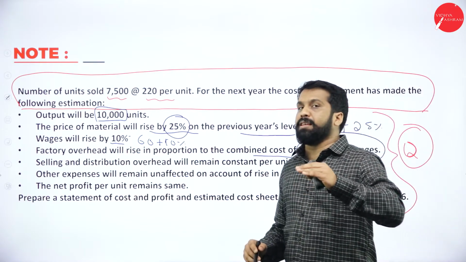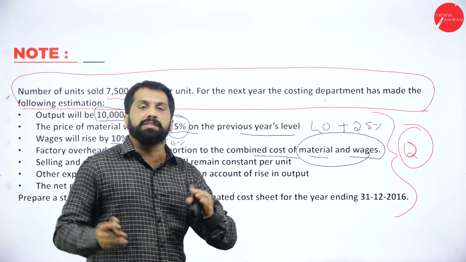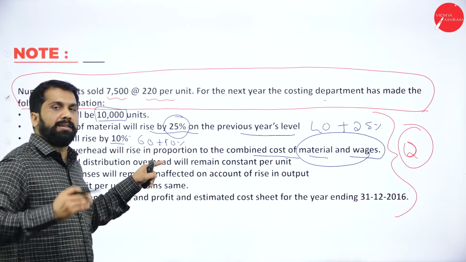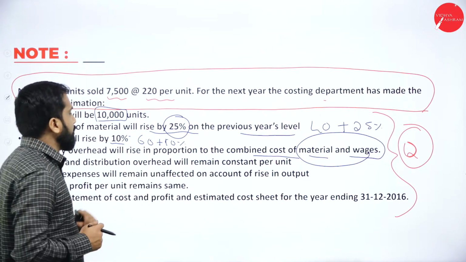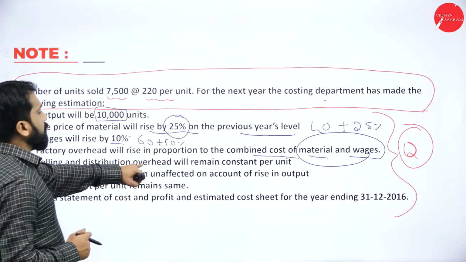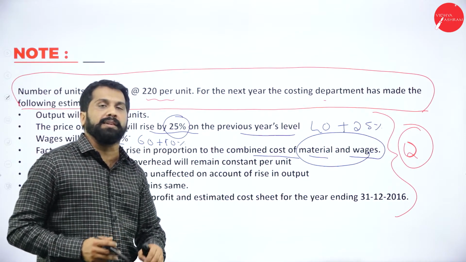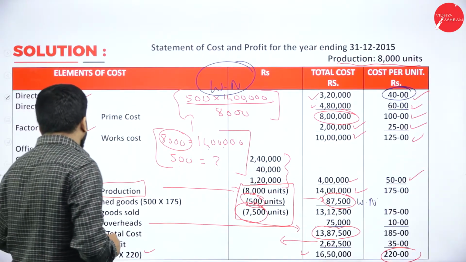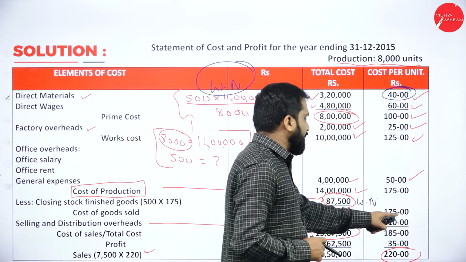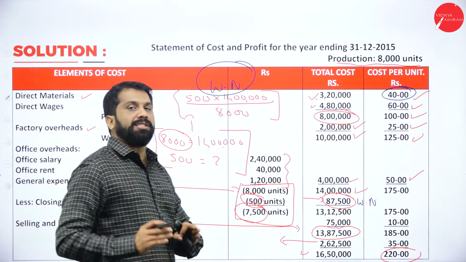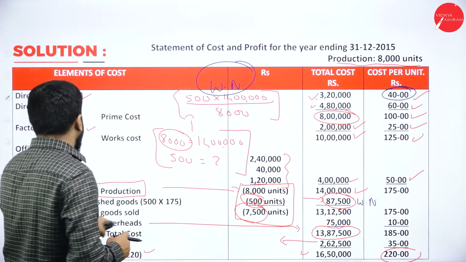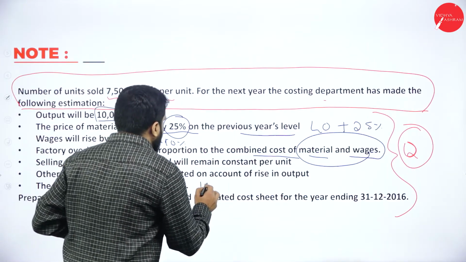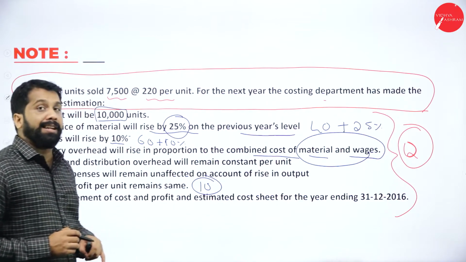How much material increased, how much wages increased, together will calculate for factory. We'll do calculation at the time of problem. I'll explain you. Now, selling and distribution overhead will remain constant per unit. Per unit, selling and distribution, how much we have? Selling and distribution overhead, we have around 10 rupees per unit. It will not change. It will remain as it is. Your selling and distribution will remain the same, 10 rupees, unaffected.